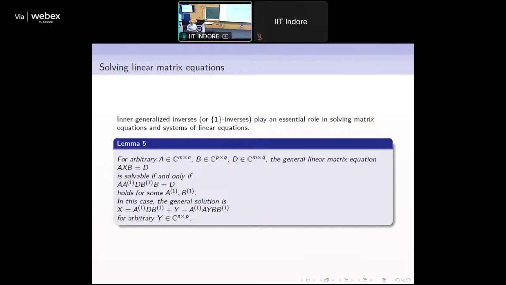Of course, the Moore-Penrose inverse is most appropriate here. We can use the Moore-Penrose inverse as a representative of an arbitrary inner inverse. And in this case, the general solution is given in this form. Here, Y is an arbitrary matrix of appropriate dimensions.